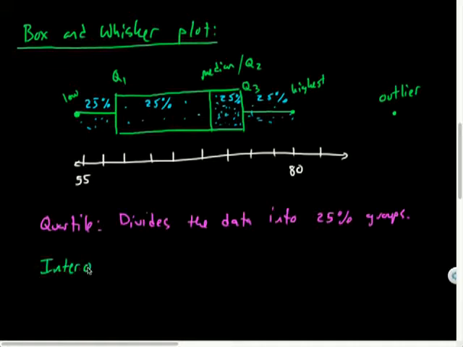Interquartile range is the distance between quartile 3 and quartile 1, so Q3 minus Q1. It's basically the range where 50% of our data lies, instead of the regular range, which is just the top number minus the lowest number.